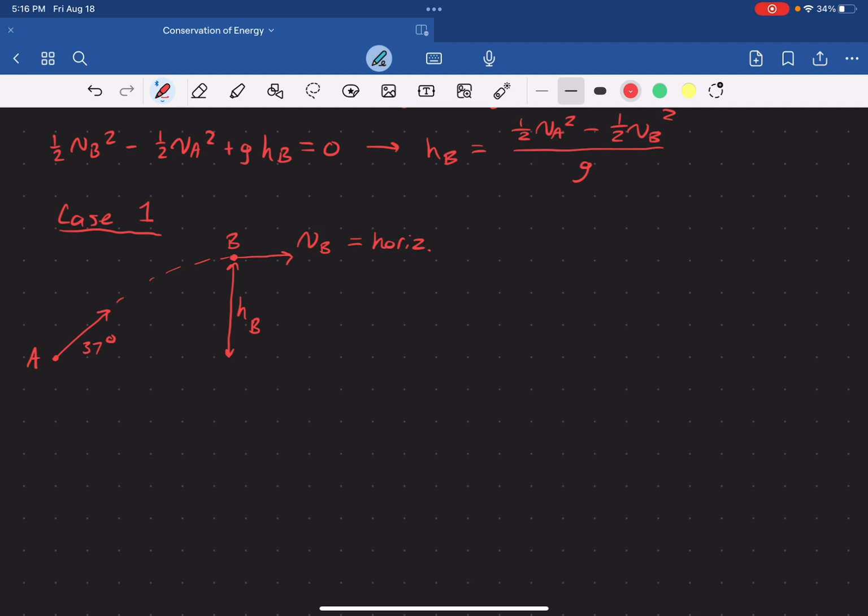Now there's no change in the horizontal velocity at all. That is, it's not accelerating horizontally. The horizontal speed is constant. So VB is equal to the x component of VA.